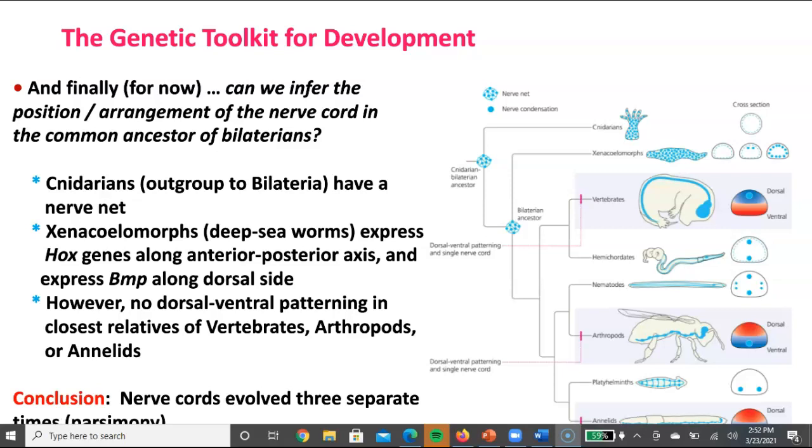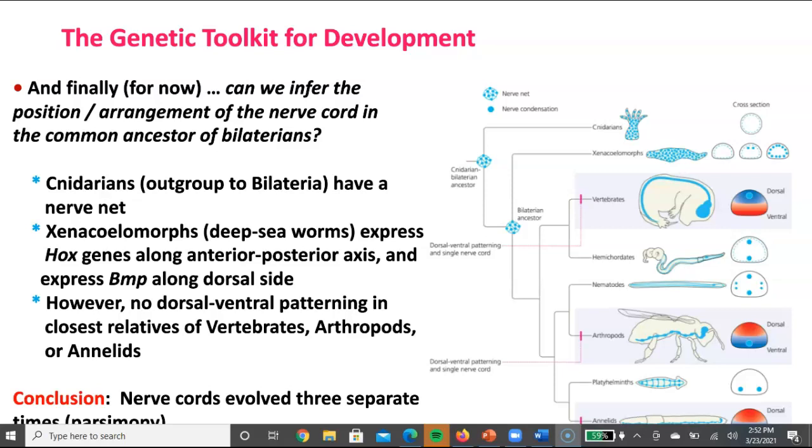But when we look at their closest relatives, there is no dorsal or ventral patterning of a nerve cord. So look at that cladogram. In the hemichordates, which is an outgroup to vertebrates, there is no dorsal or ventral patterning. They have both.